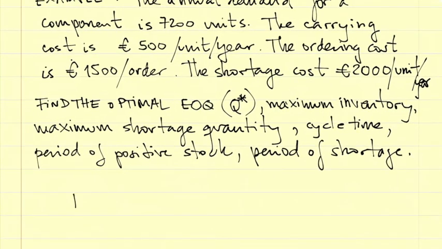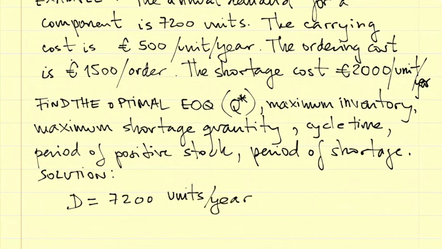So demand is 7,200 units per year. C1 equals 500 euro per unit.